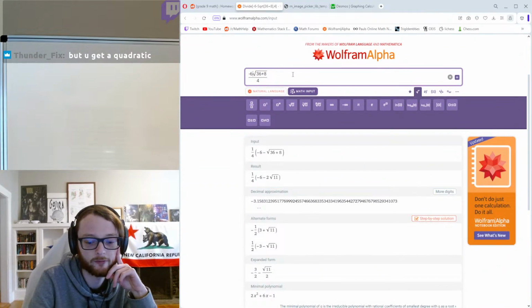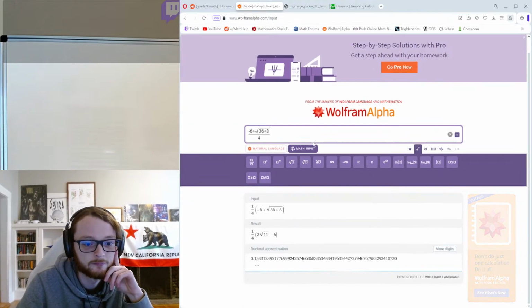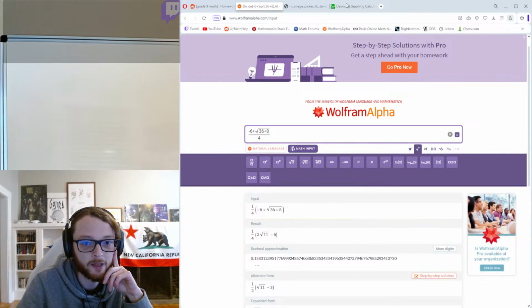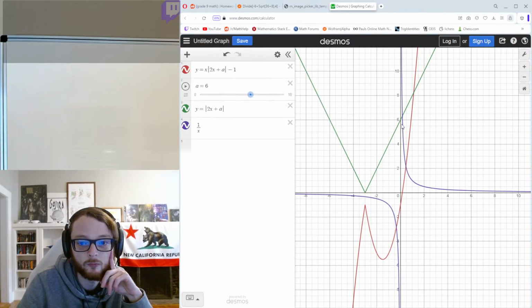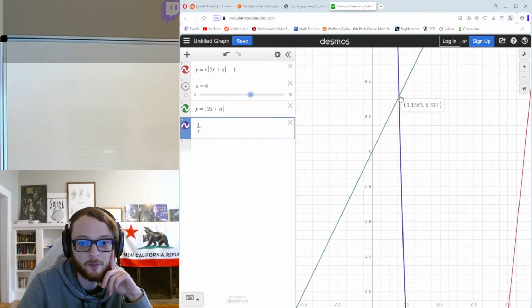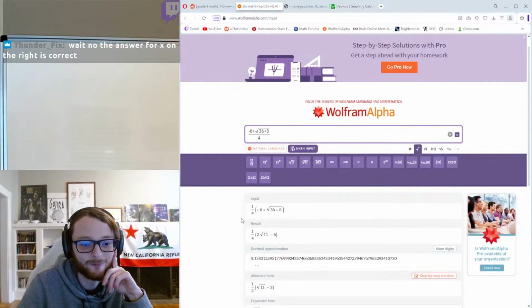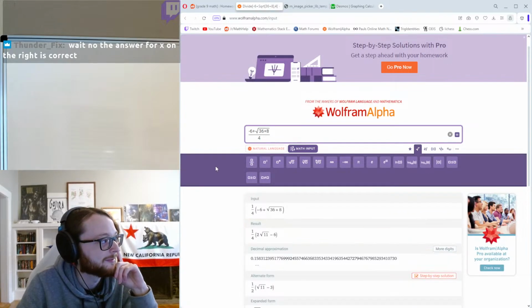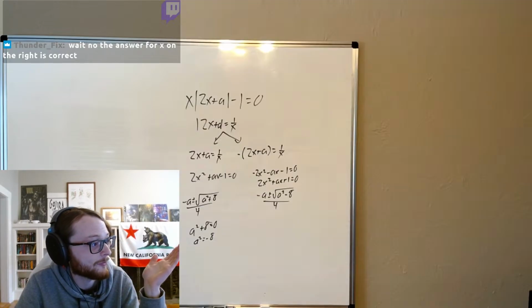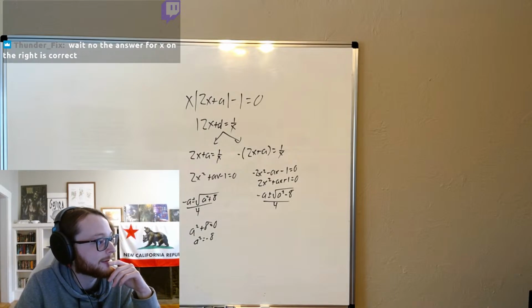What if we do the plus? 0.158? Oh, that might, I mean, 158. Okay, so I mean, if we try plugging with a equals 6, though, it's the one on the left, and you take the plus. I couldn't tell you why.